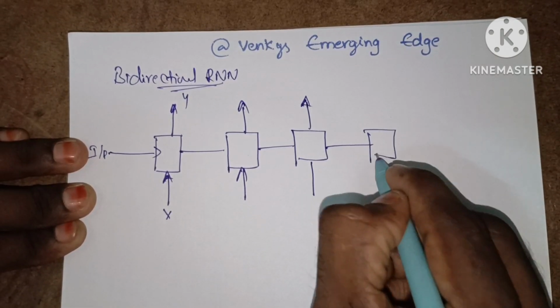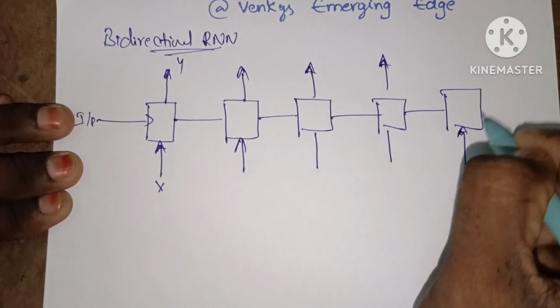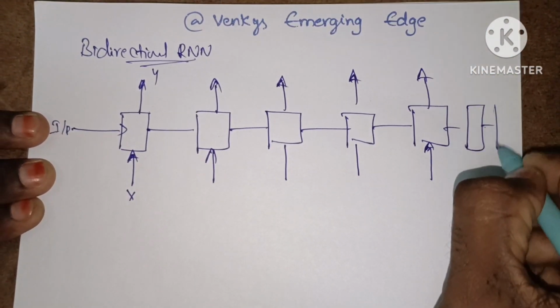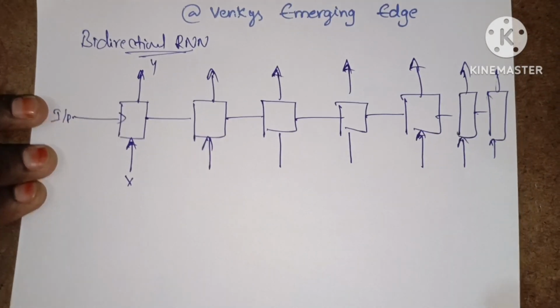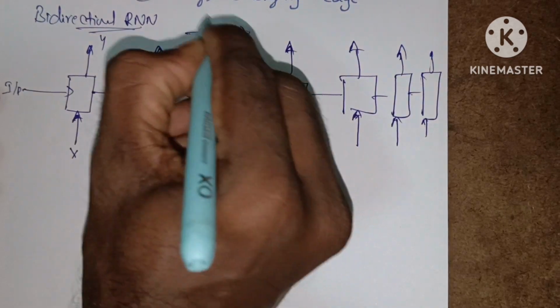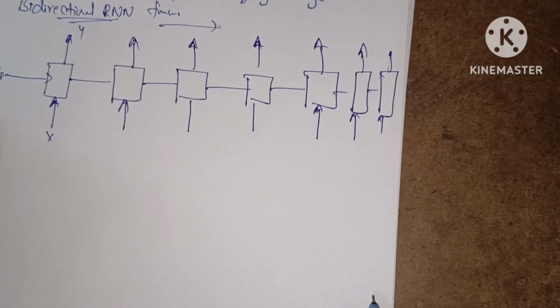Next parameter, input, output. Next parameter, input, output. Is it clear? Okay. So this is the forward direction, one type of direction. Another direction is the backward direction.